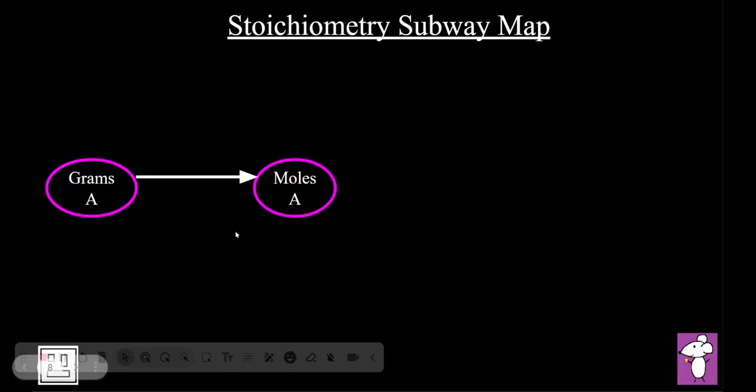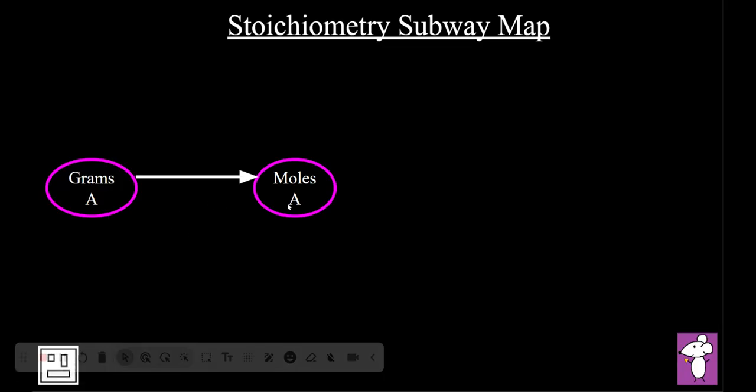Okay, now with stoichiometry, this is like a map that you can follow. You're typically going to start with grams, especially if you've done lab work, because that's really the only thing you can measure. There will be a couple of exceptions to this, like gases you can measure in volume and so forth, but that's a different video.